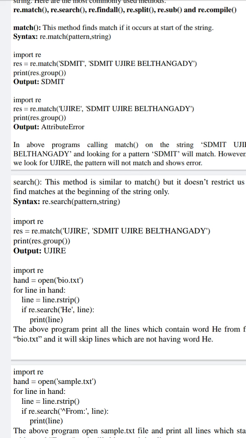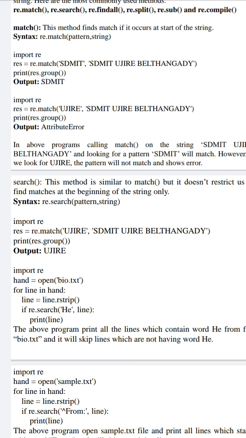Match. This method finds a match if it occurs at the start of the string. What it means is, we need to use the match function to search for a pattern which starts the string.